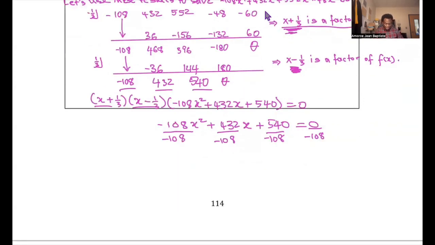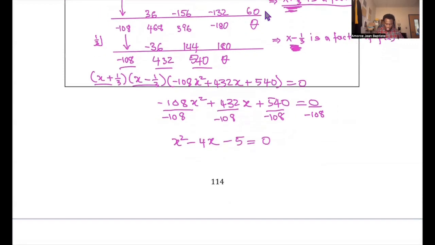So we have the first one is x squared minus 432 divided by 108. By -108 is negative 4x, minus 540 divided by 108 is 5, and equals 0.